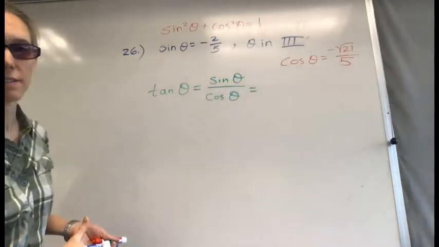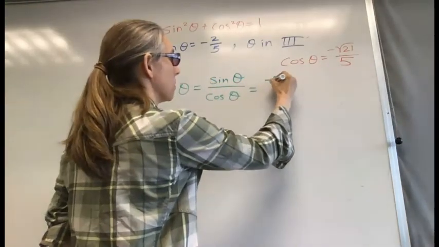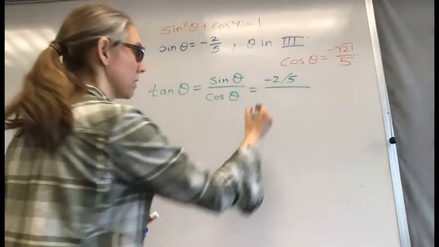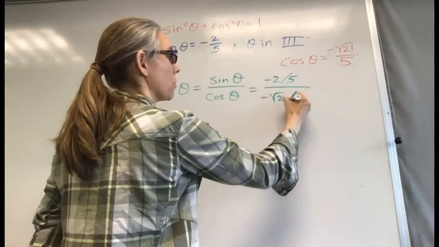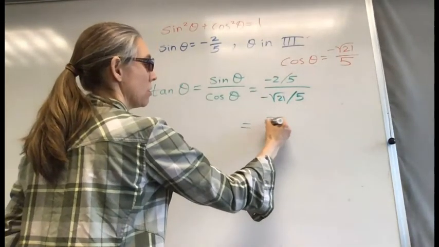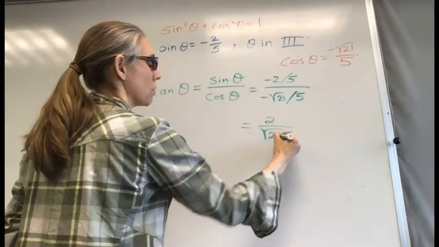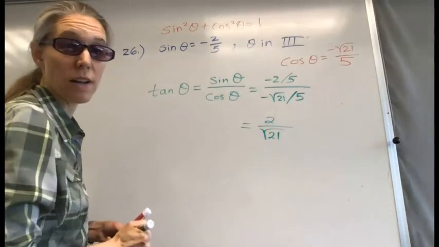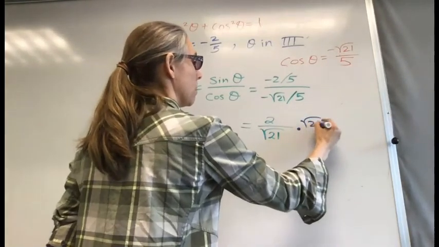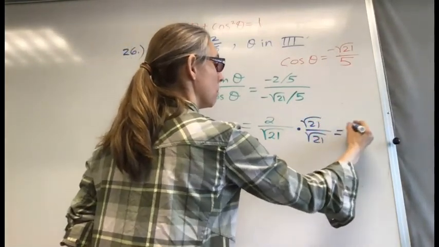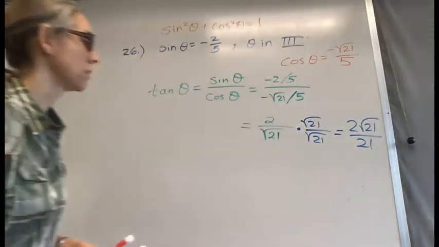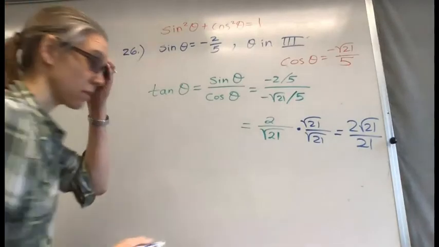The sine is negative 2/5. The cosine is negative root 21 over 5. This is a complex fraction that will simplify to 2 over root 21, and then you need to rationalize the denominator. Okay, so that is tangent.